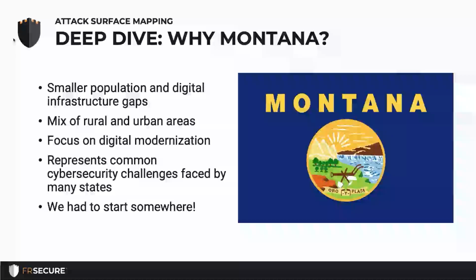Why Montana? Well, it's smaller as far as counties go. The population's smaller, the counties are smaller, and this is a large effort. In doing Montana, we scanned about 800 top-level domains, and I'll get to the metrics in a second of what that translates to for port services, vulnerabilities, and website endpoints, but it's huge, even for a smaller state.